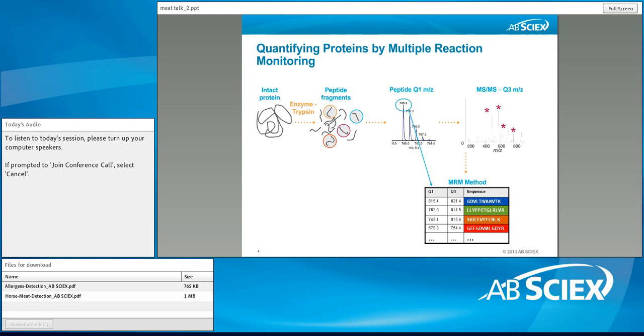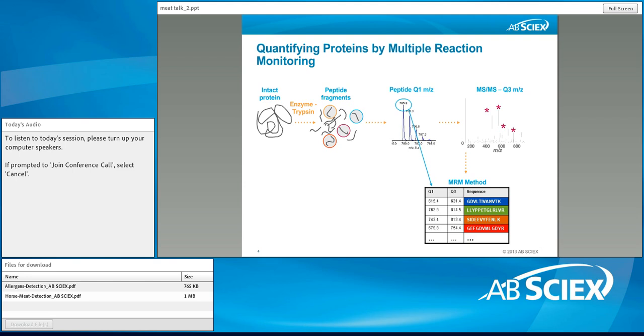So basically what you do is you identify the species you want to detect in your sample. In this case it was unprocessed meat, so it was raw meat. So for example, you go to horse, you look in the literature, find the proteins related to horse, and then you would do what's called an in silico digest. This is a theoretical digest of the protein with the enzyme you plan to use.